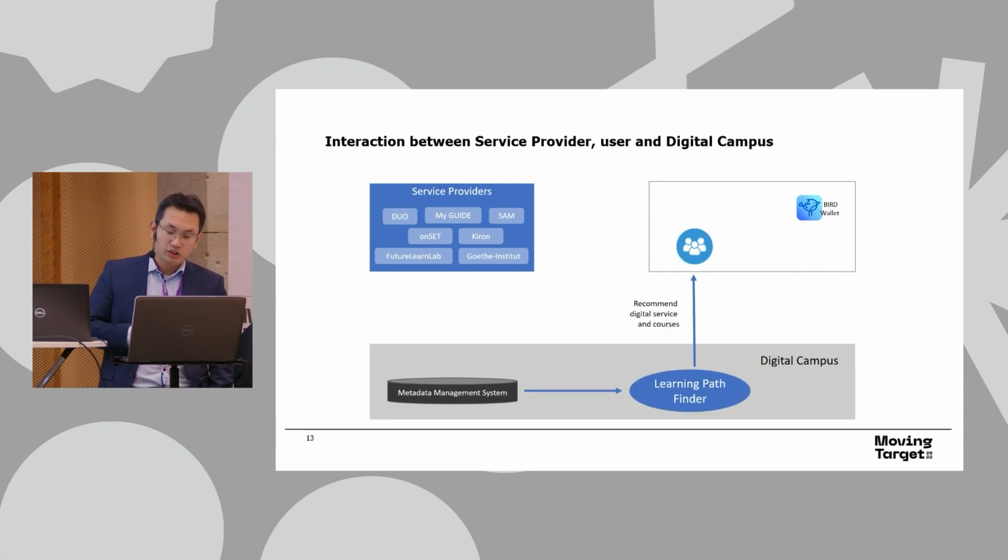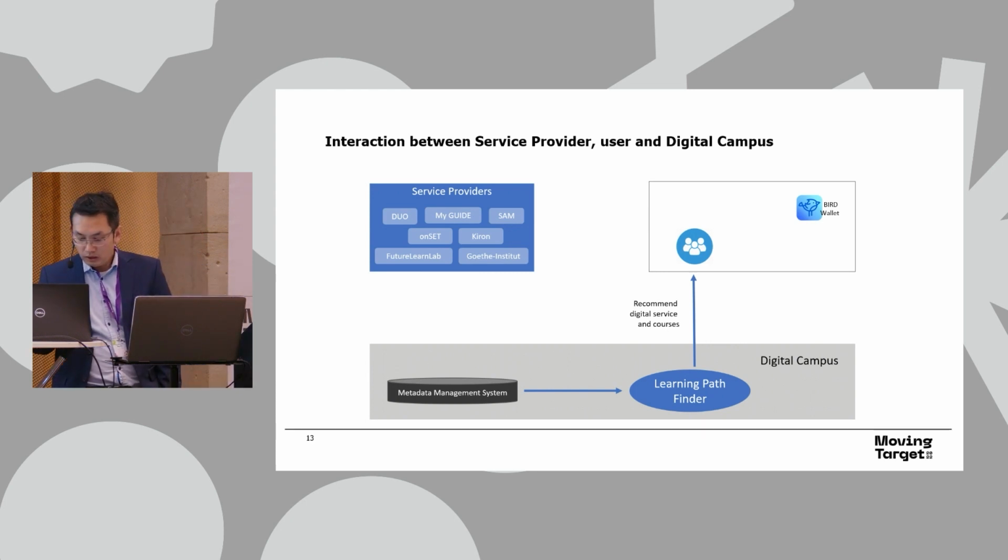The recommendation of digital services and courses is done via, we call the tool, the learning pathfinder. If personal data is available, it can be taken into account in the recommendation.